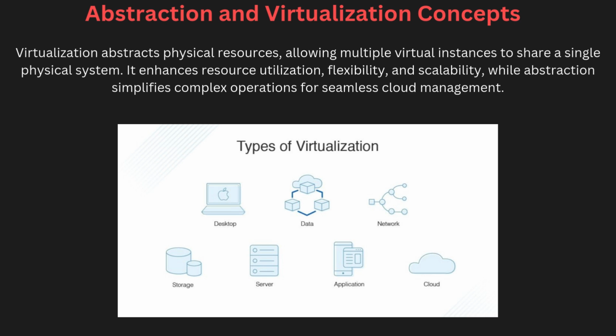Virtualization, on the other hand, creates multiple virtual resources like servers, storage, or networks from a single physical system. It allows the hardware to be shared among multiple users or tasks, optimizing resource utilization. By decoupling the physical infrastructure from the applications, virtualization ensures flexibility and portability.